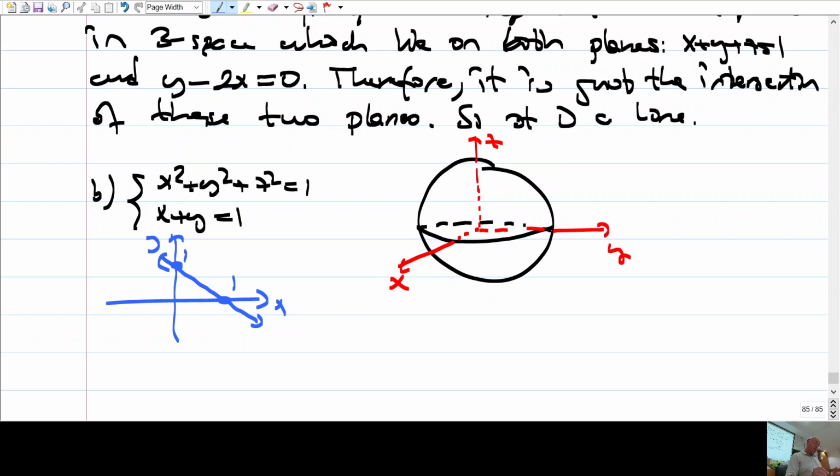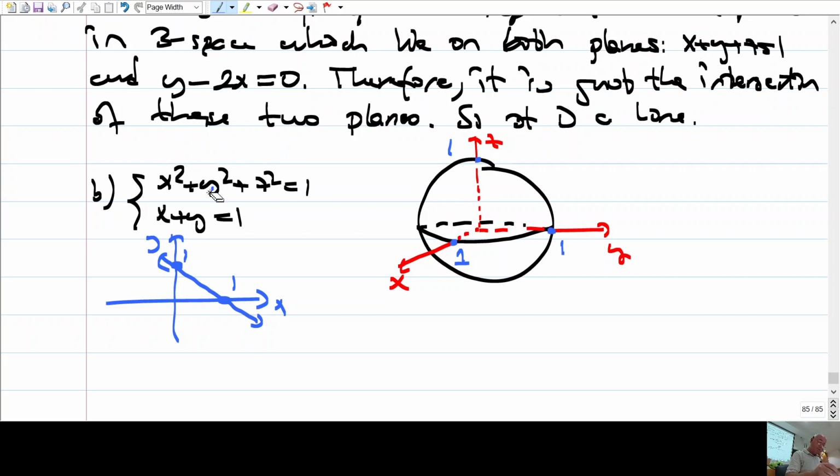And you just translate it along the z-axis. Now, this point is (1,0,0), this is (0,1,0), and this point is (0,0,1), right?